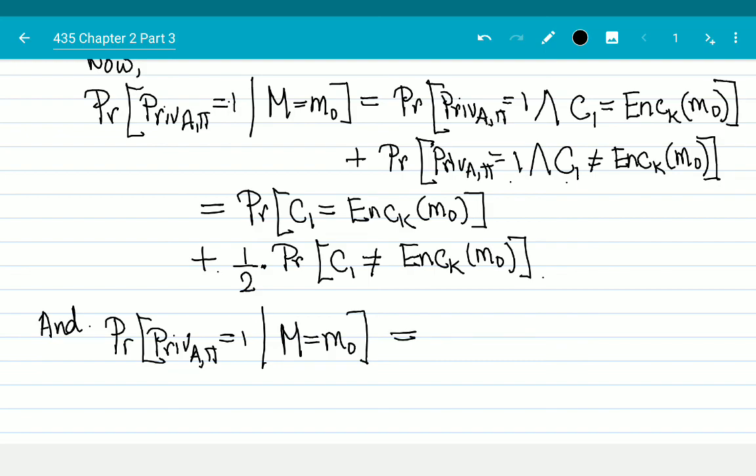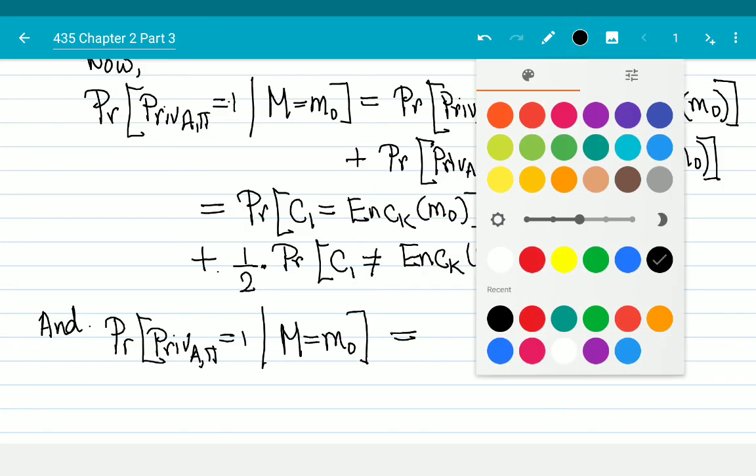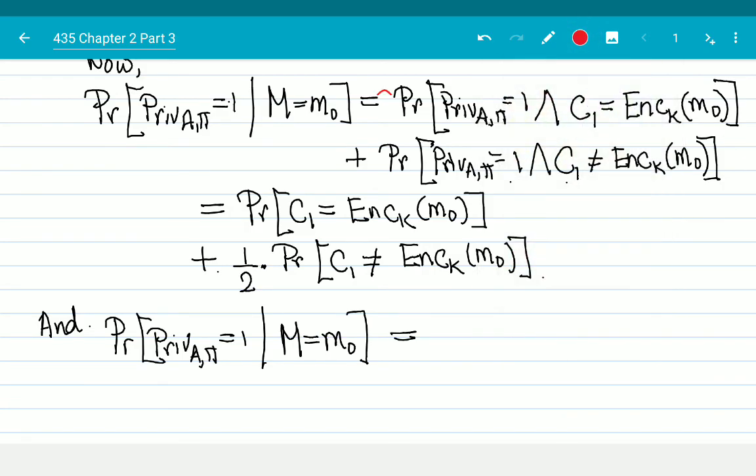Now keep in mind this is going to be exactly the same sum as this. There are going to be the same cases, right? But something important happens. In this case, we said that this case is redundant.